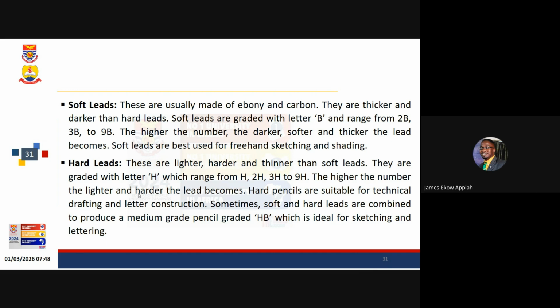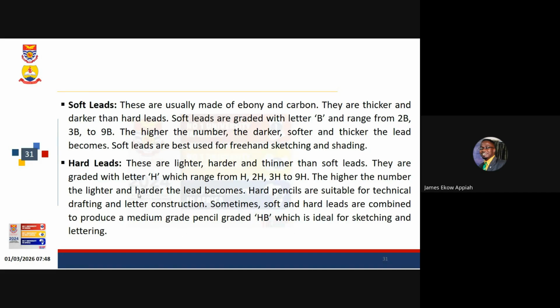When you pick a B pencil and look at the number range, starting from 2 to whichever number, some go up to 8, some up to 12. So you can have 2B, 3B, 4B, 6B, up to 12. We look at the nature of these numbers for you to be able to determine which one you are selecting for your work.